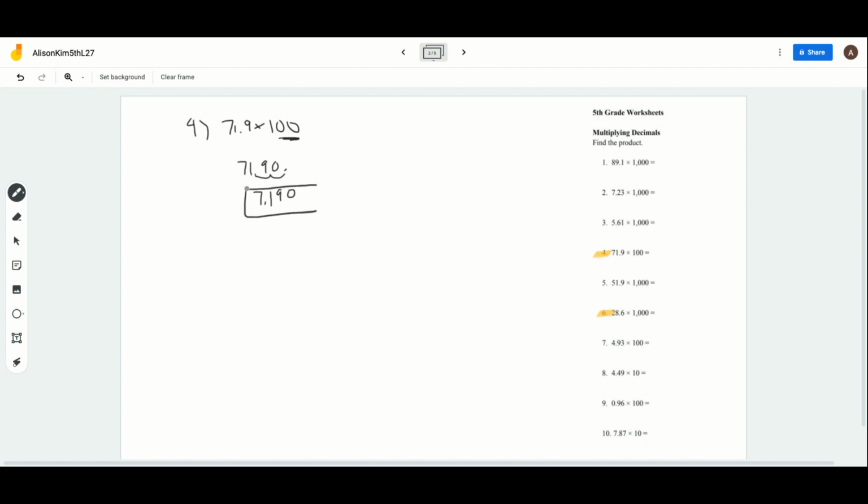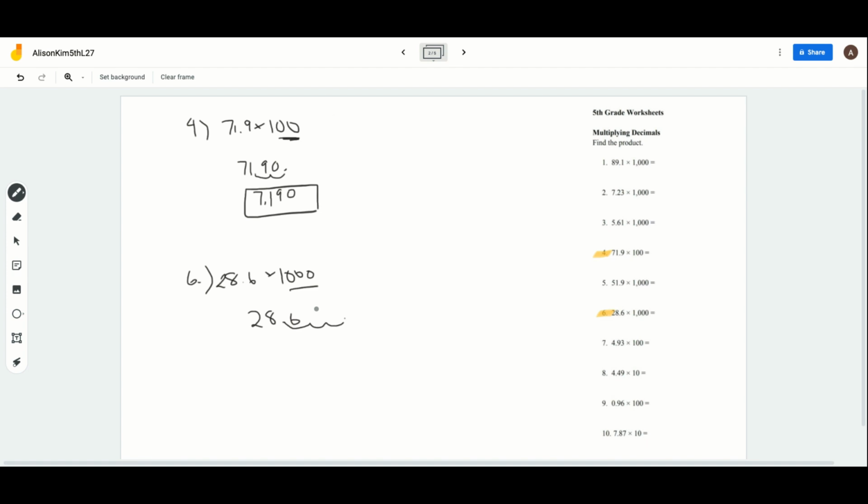Now that we know this new trick, let's apply it to number 6. Number 6 gives us 28.6 times 1,000. As we can see, 1,000 has 3 zeros, so we're going to move the decimal point in 28.6 to the right 3 times, which is 1, 2, 3.